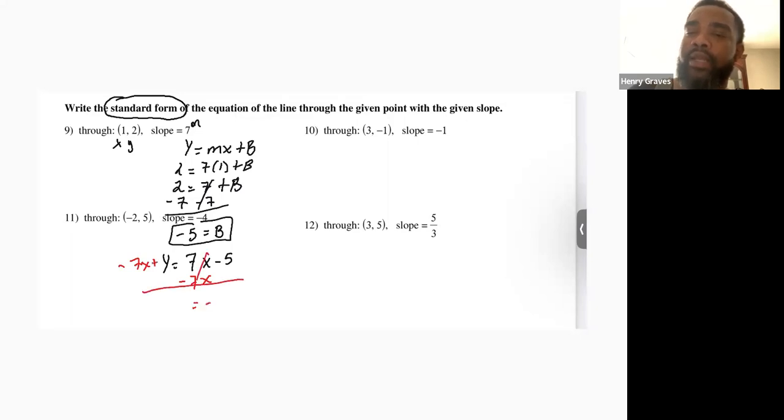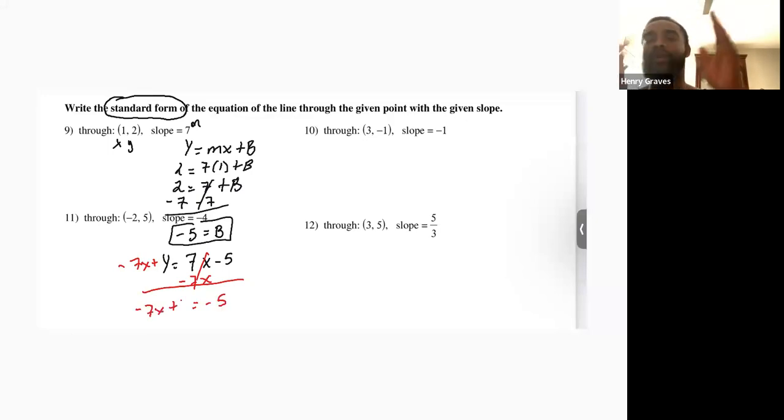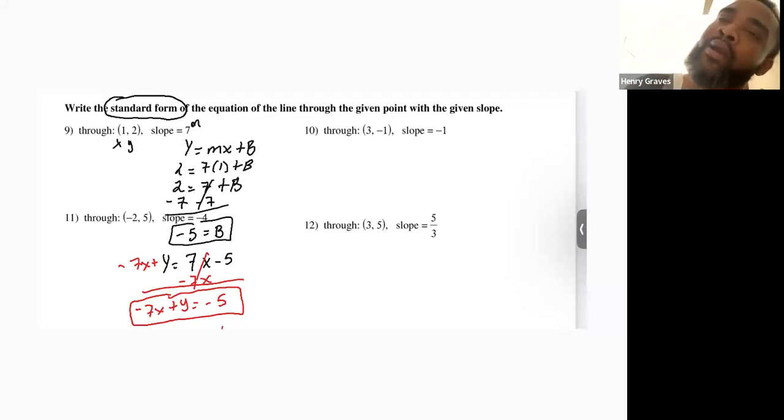I'm done. Now it's in standard form, because as you can see, you have x and y on the same side. When I say standard form, I mean you have ax plus by equal to an integer. So if something's like 3x plus 4y is equal to 5, that is in standard form.